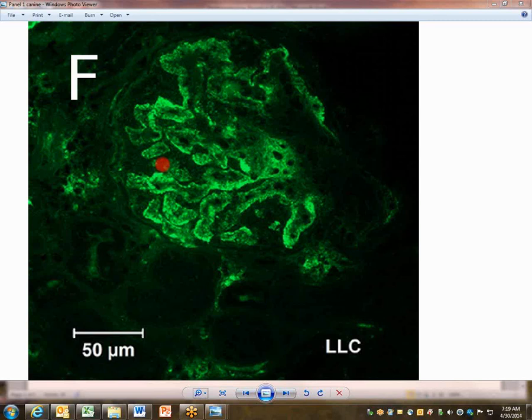It's harder to cut them thin and get them all in the focal plane, and sometimes it's like taking a picture of the dark side of the moon if it's low intensity. But this is a capillary loop that gives you a sense of distinct granular deposits in the capillary wall. You get that sense with this one as well.